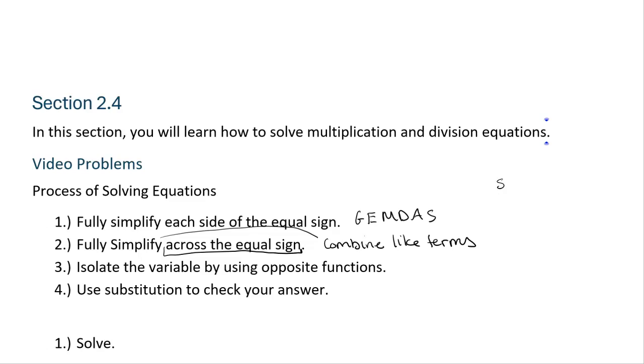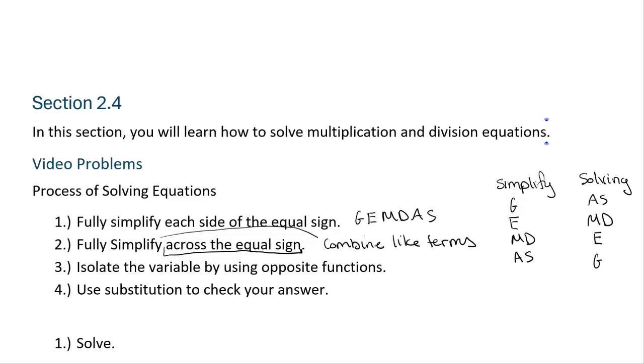So when you're simplifying, which is what we've talked about before, we do GEMDAS: grouping, exponents, multiplication, division, adding, and subtracting. When you're solving, and again, that's when you start moving across the equal sign, it's just the opposite. You cancel addition and subtraction first, then multiplication and division, then exponents, and then your grouping.